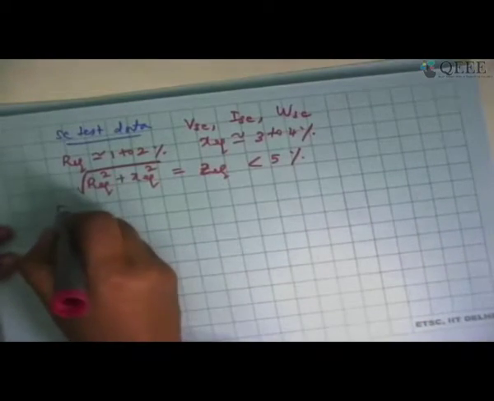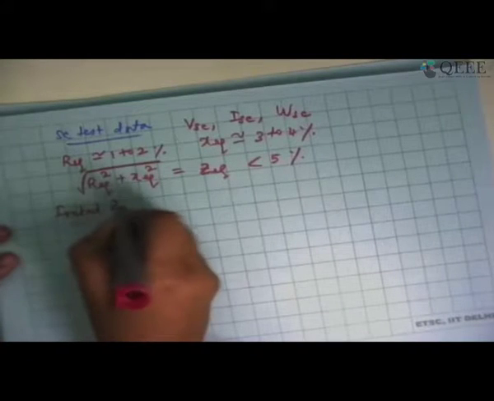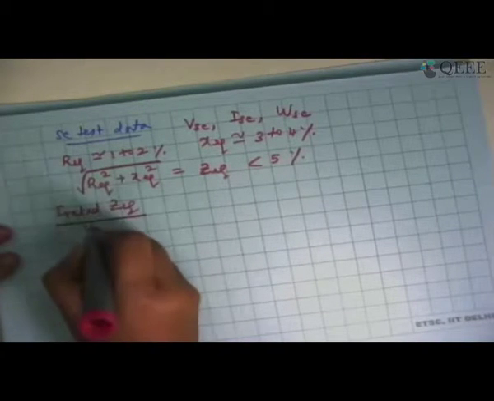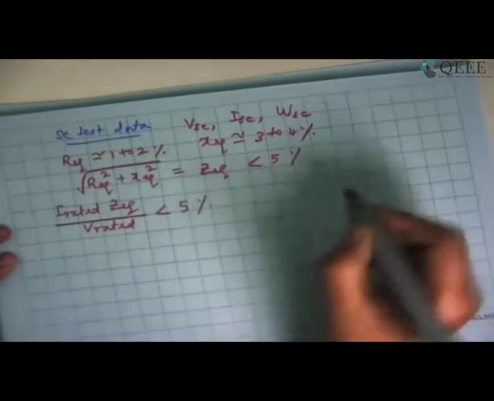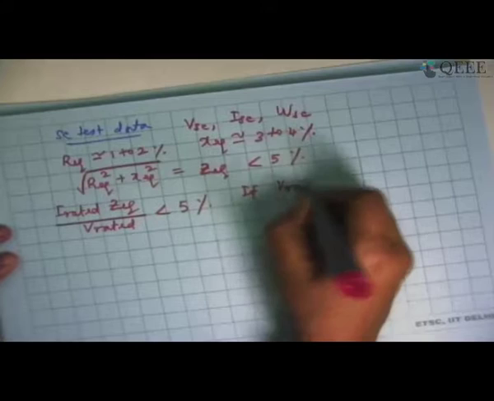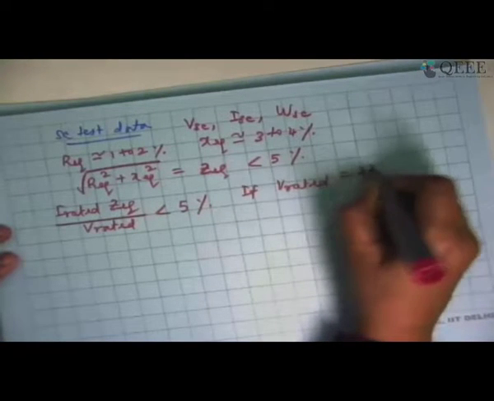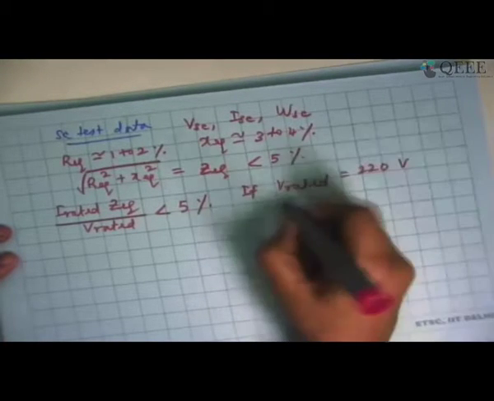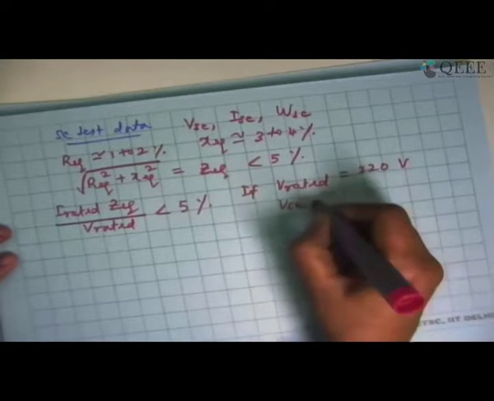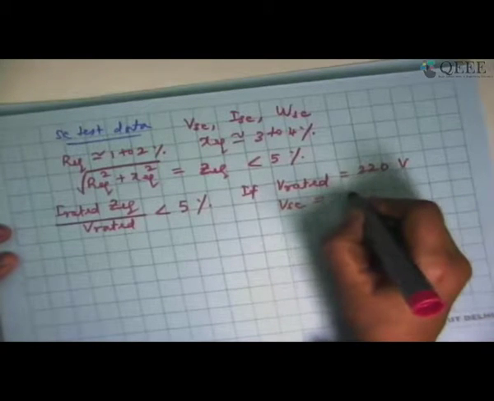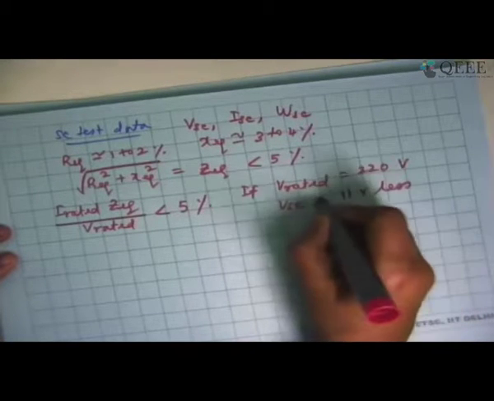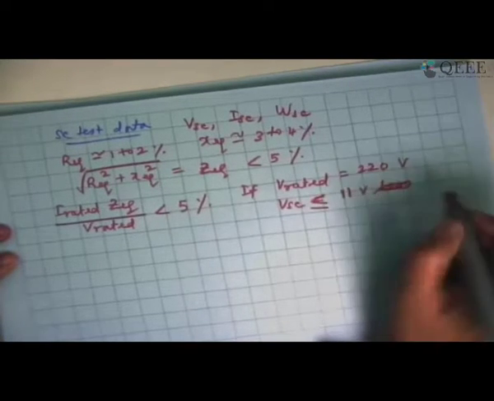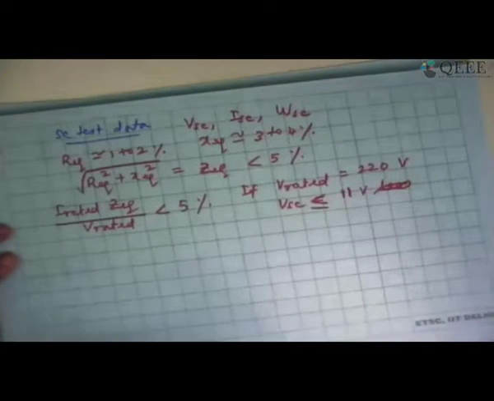If it is less than 5%, that means I rated multiplied by Z equivalent divided by V rated is going to be less than 5%. So if V rated is equal to 220 volts, VSC what I am applying will be approximately 11 volts or less. So it is going to be less than or equal to 11 volts. That is what it is going to be. So it is very, very small.